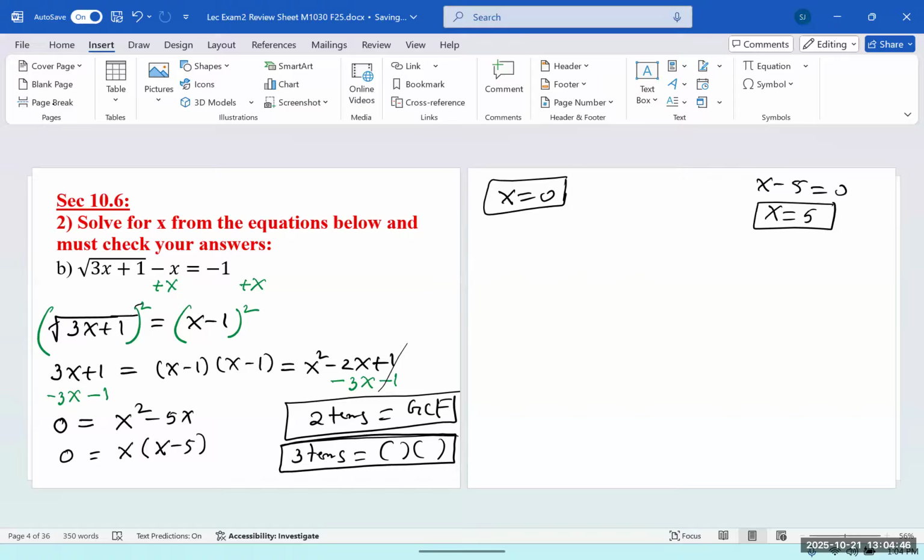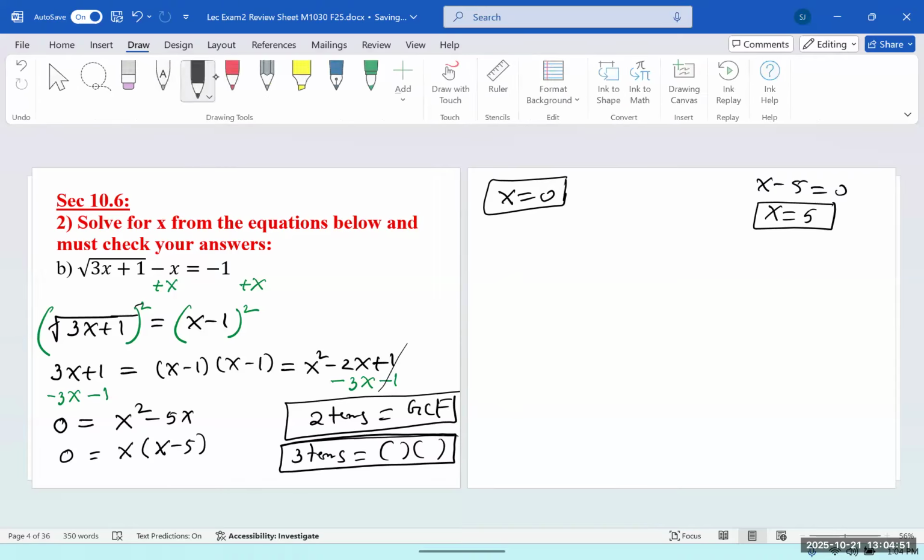Are we done? What do you have to do? Checking. This is one of the most important things, check. In the final exam, this will be multiple choice. So if you show your work, but you forget to check, and then you pick whatever is in front of you, you're going to get 0.